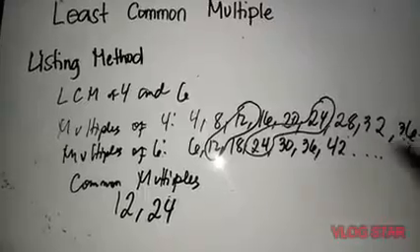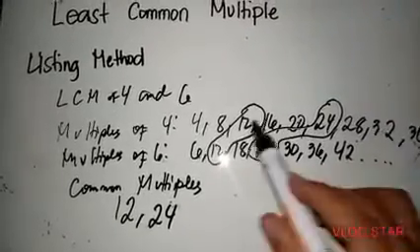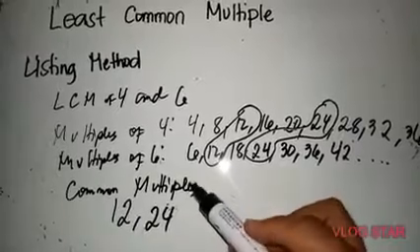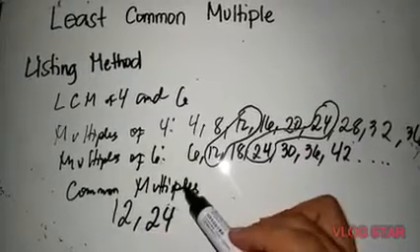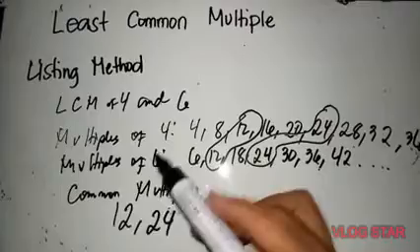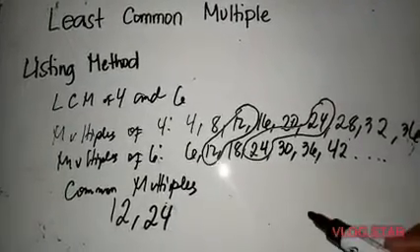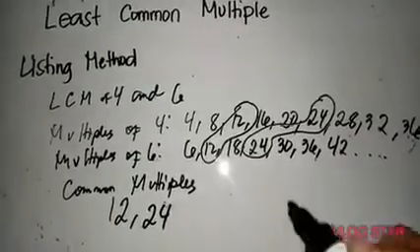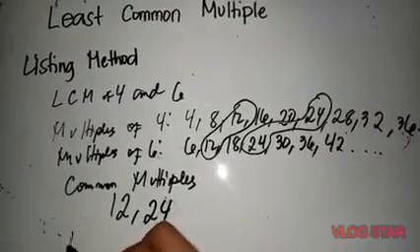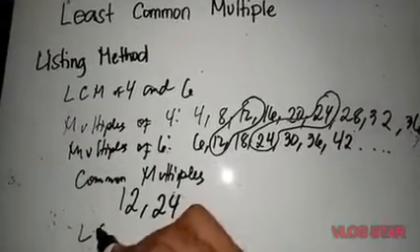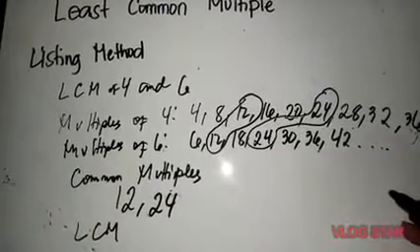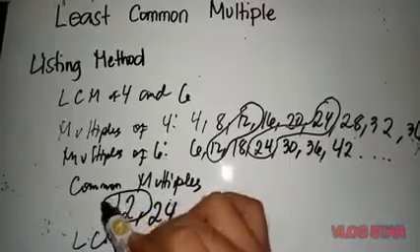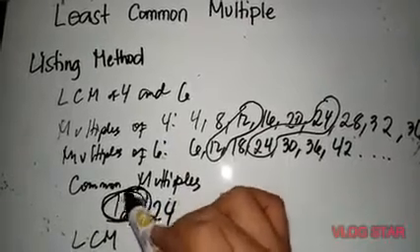12, 24. So based on the listing method, some of the common multiples of 4 and 6 are 12 and 24. Since we are talking about the least common multiple, meaning the smallest common multiple of 4 and 6, it is very obvious that the smallest common multiple of 4 and 6 is 12.